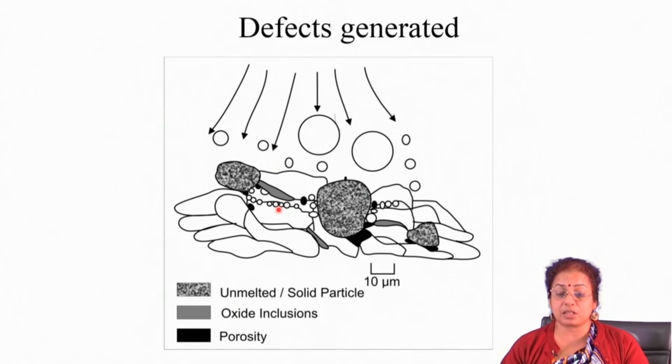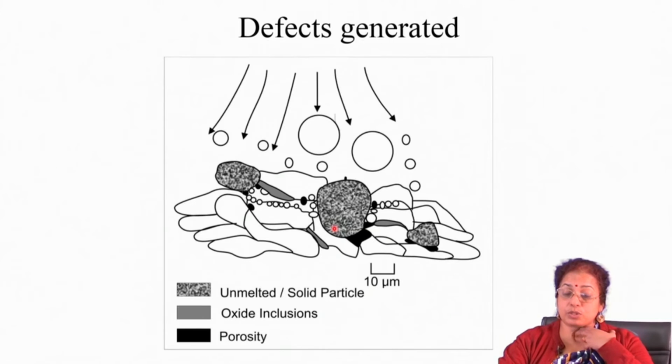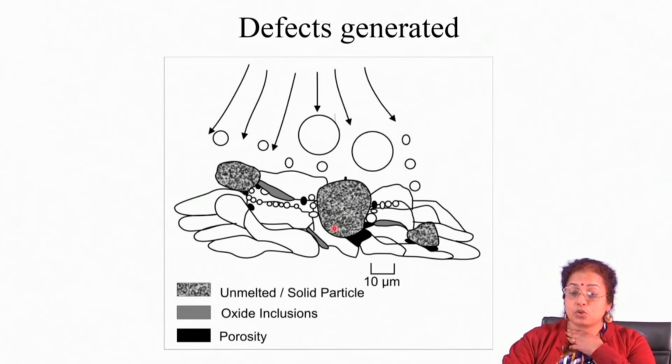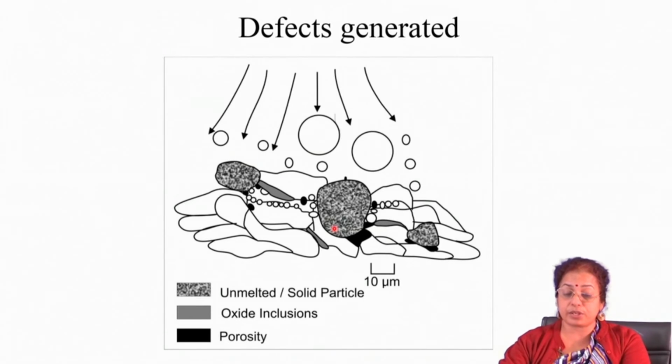So, it remains entrapped in the form of holes. Sometimes unmelted solid particles are also present in the coating, along with oxide inclusions and porosities. These are the different types of defects that you observe in the coated product.